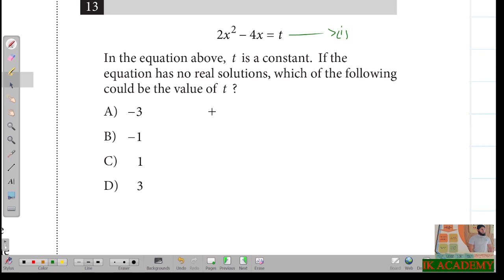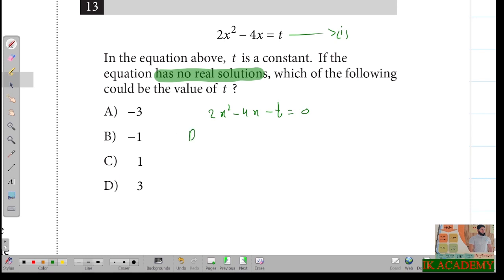So from equation 1, we can write it in the form of a quadratic equation, 2x squared minus 4x. We can bring the t to the left side of the equality. It will become minus t, which is equal to 0. So in any quadratic equation, there will be no real solution when the discriminant of this equation is less than 0.